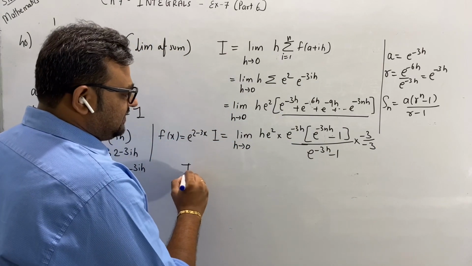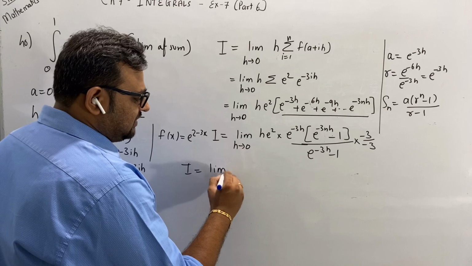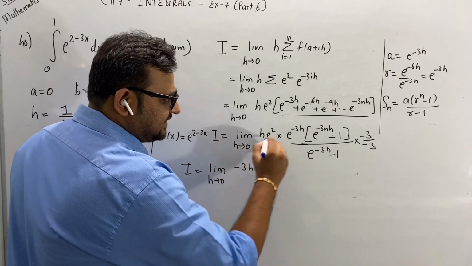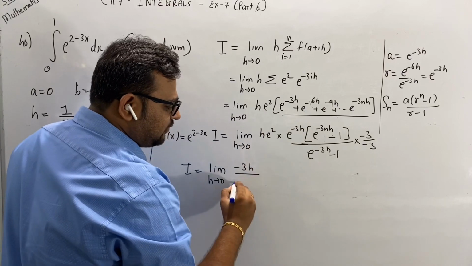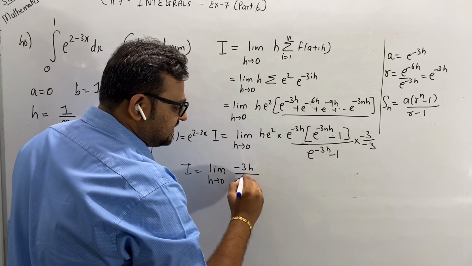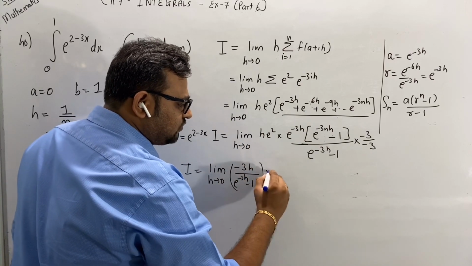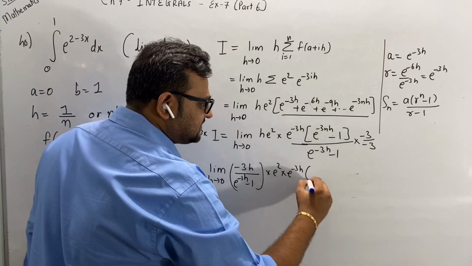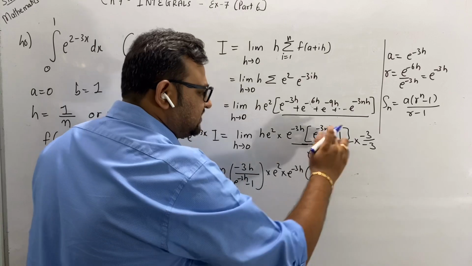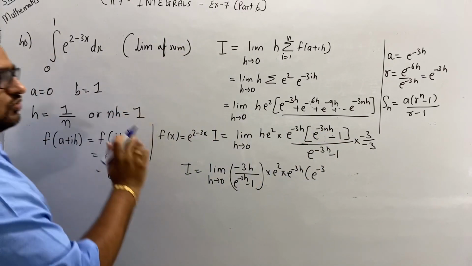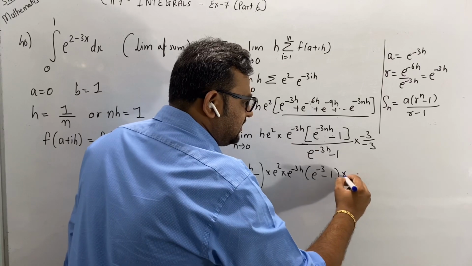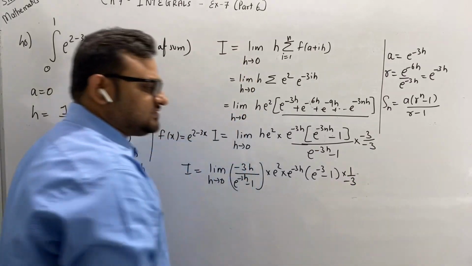So I will be equal to the limit as h tends to 0 of e squared, e raised to minus 3h, into e raised to minus 3nh minus 1, into 1 upon minus 3. What is nh? 1. So e raised to minus 3 minus 1 into 1 upon minus 3.